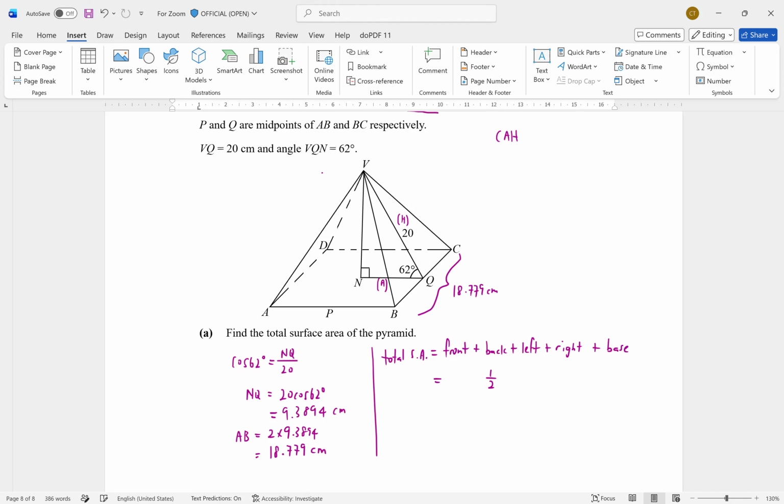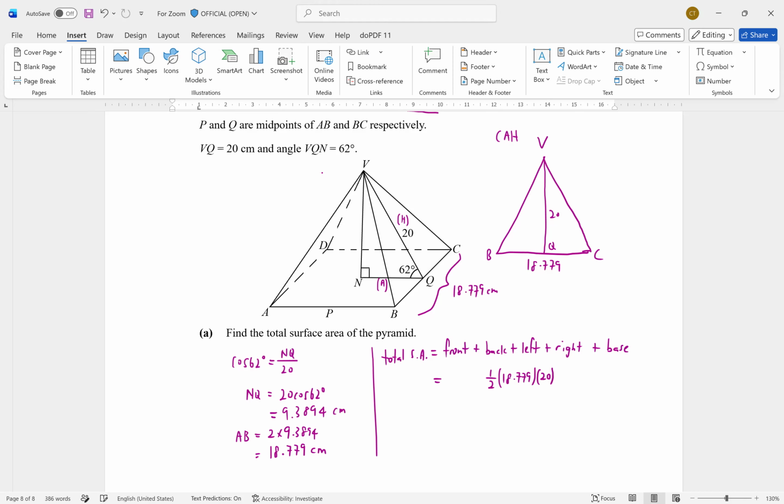The base is now 18.779 cm. If you draw out the triangle VBC, looking at it directly from the front, this will be the 18.779, and Q will be over here. This one will be the 20. So we can use half times base 18.779 times 20.